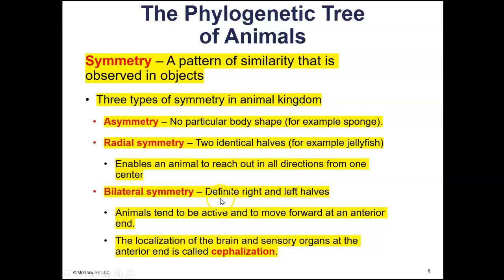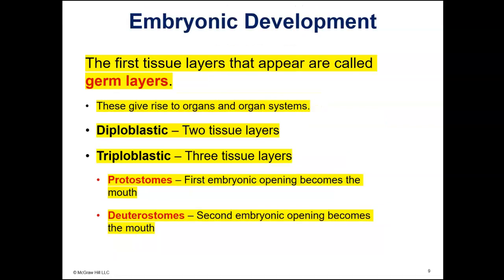So in bilateral, there's definite right and left halves. The animals tend to be active. They tend to move forward at the anterior or head end, and they do tend to have cephalization, which is the development of a head region with possibly a brain.